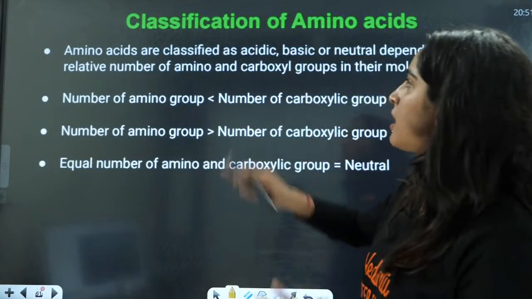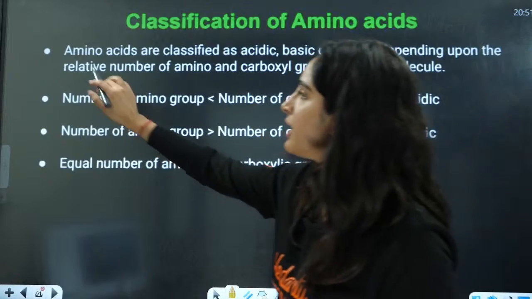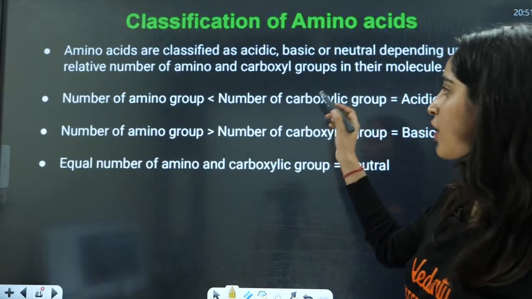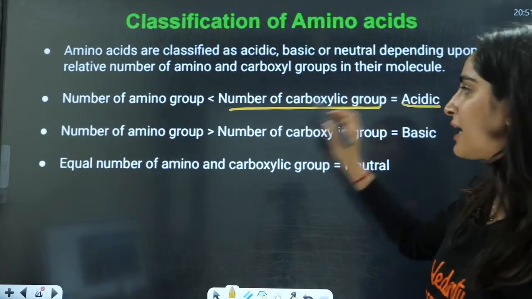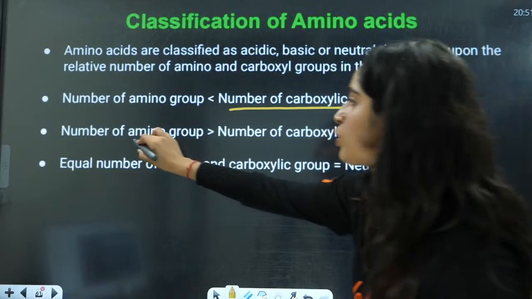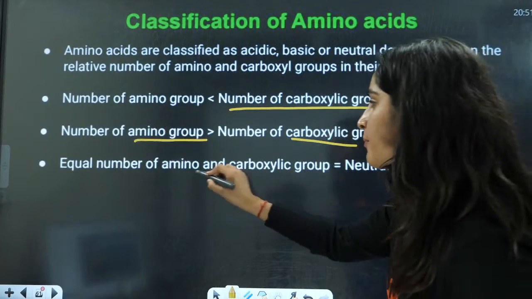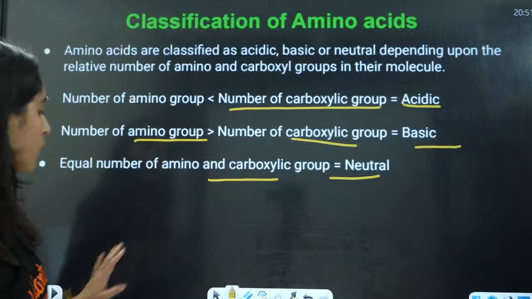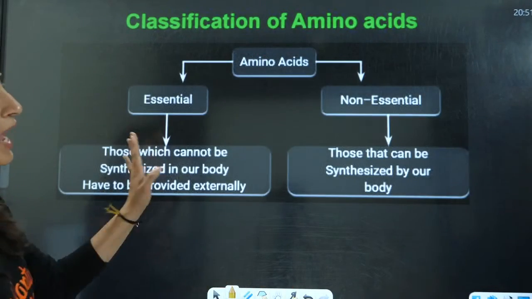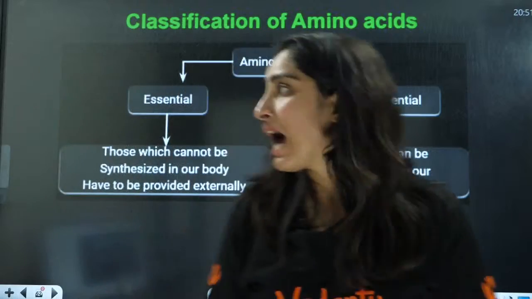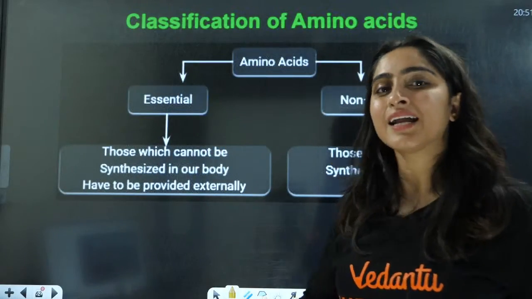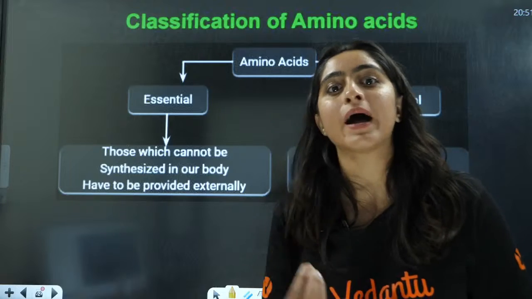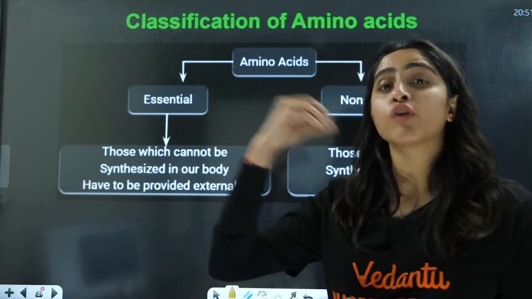Now, next is the classification. We have done that according to the number of carboxylic groups: if the number of carboxylic groups is more, that is acidic. If the number of amino groups is more, that is basic. If the number of amino and carboxylic groups is the same, that is a neutral amino acid. Next we have essential and non-essential. Essential amino acids are those that are not synthesized by our body, so we need them from the outside.